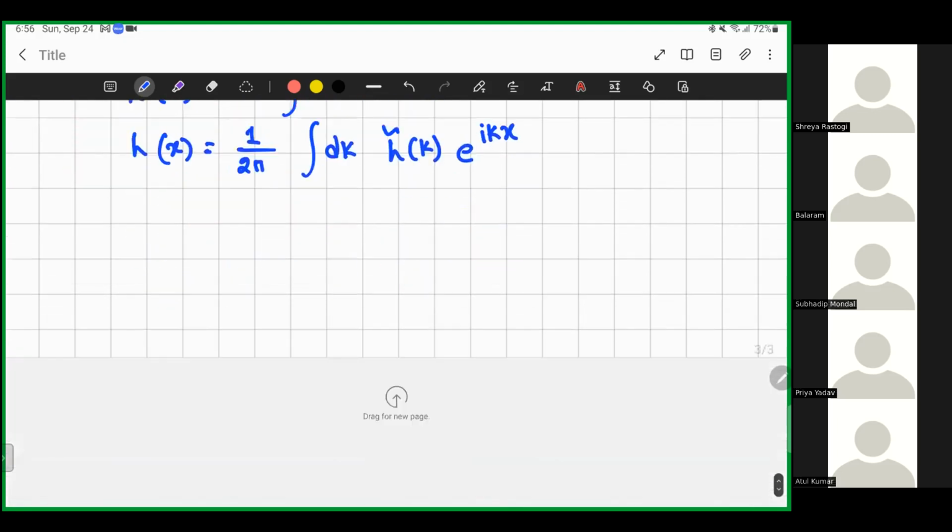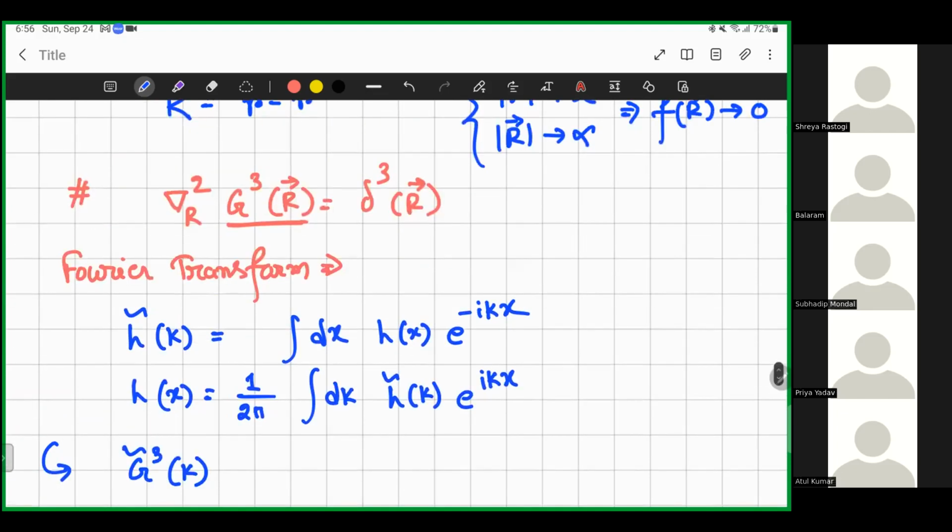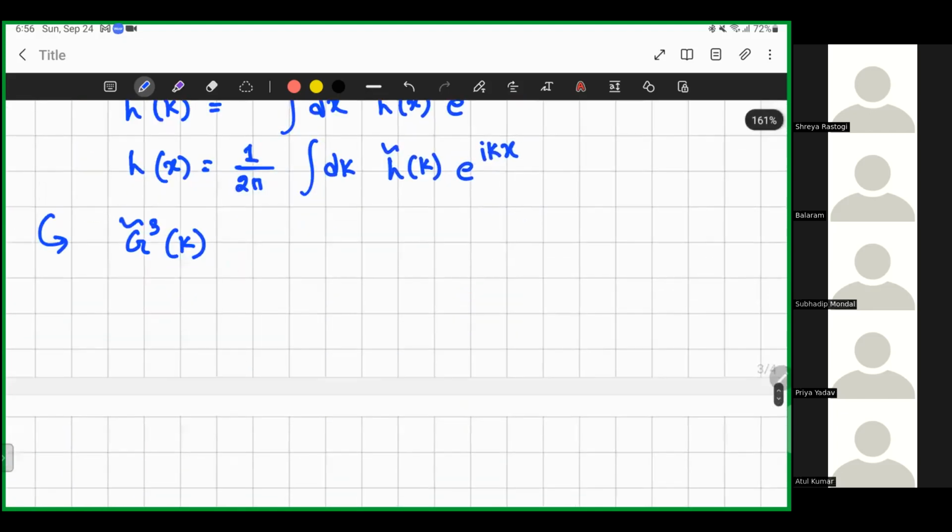If we write the Fourier transform in our Green function, we convert it to k space. Here we have to consider the vector notation always.